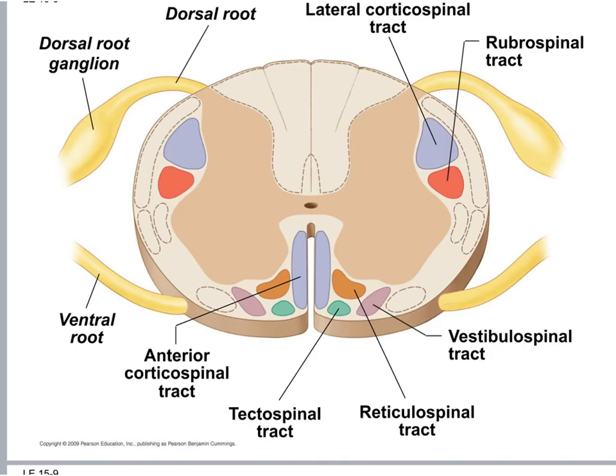This picture here is just showing you where the highway is in the cross section of the spinal cord. Here is the lateral corticospinal pathway right here. We have the anterior corticospinal pathway right here. And it's not showing the corticobulbar. So let's look at what you're going to see in your lab exam.